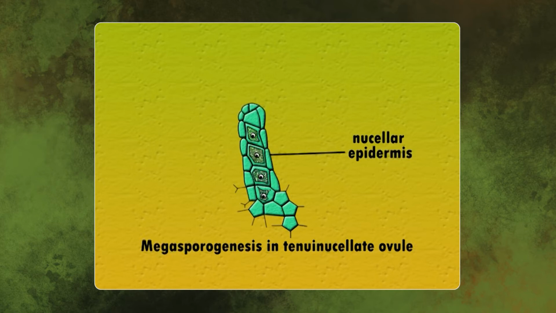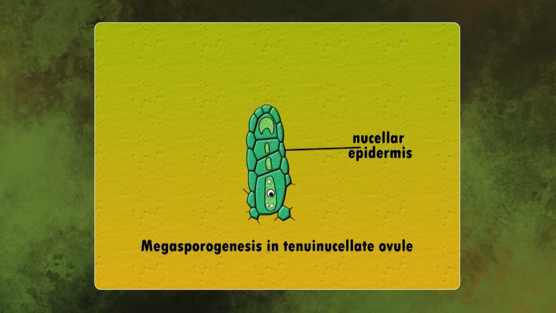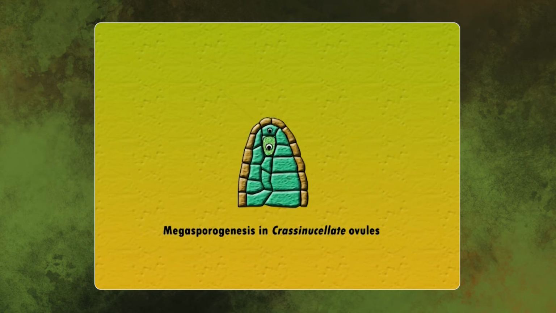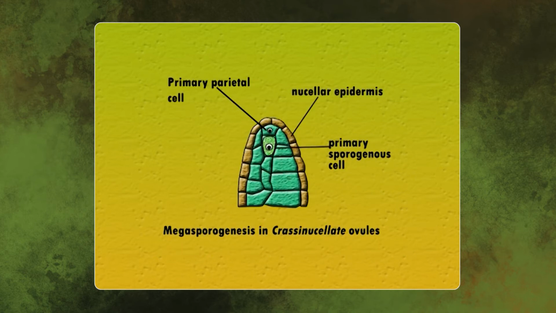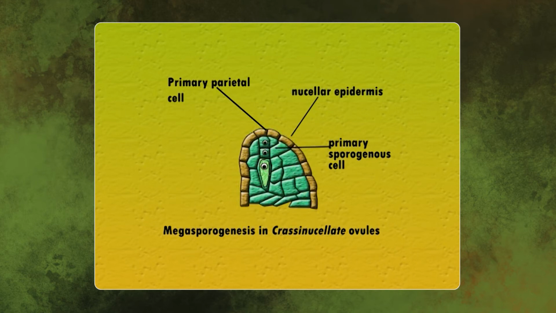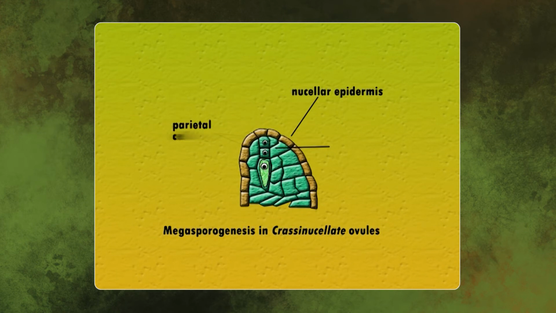In tenuinucellate ovules, the archesporial cell directly functions as megaspore mother cell, whereas in crassinucellate ovules, it divides periclinally, cutting an outer primary parietal cell and an inner sporogenous cell, which functions as a megaspore mother cell. Single-celled archesporium is most common.